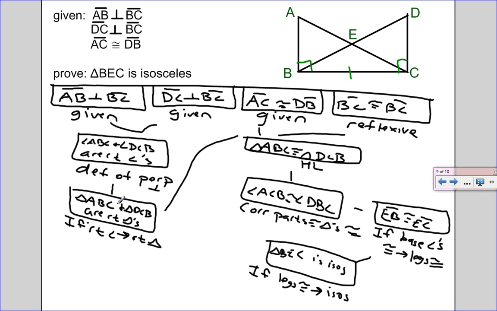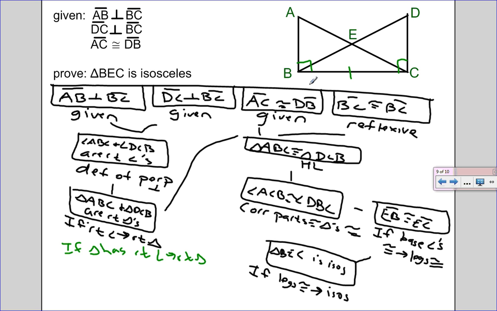So triangle ABC and triangle DCB are right triangles because, sorry, before I said, if a triangle has a right angle, then it's a right triangle. Once we've proven the right triangles, we join it with our hypotenuse and our leg to say triangle ABC is congruent to triangle DCB by HL.